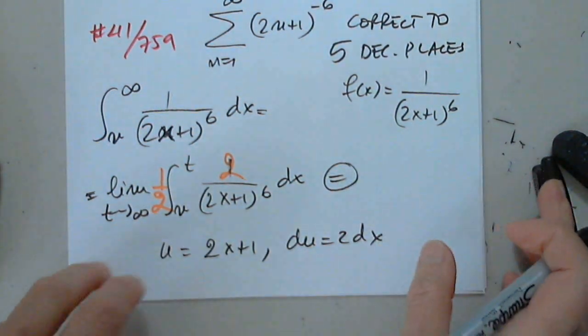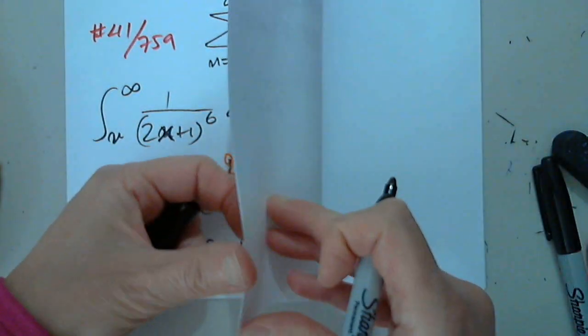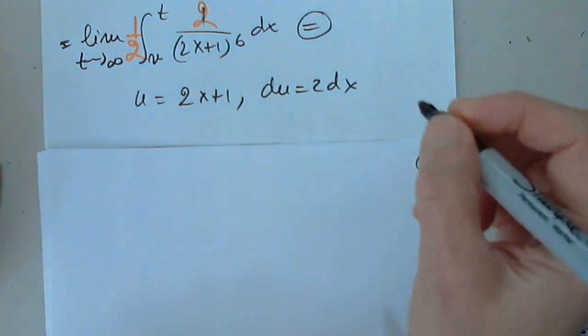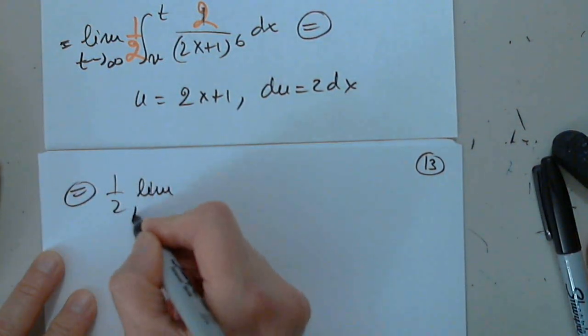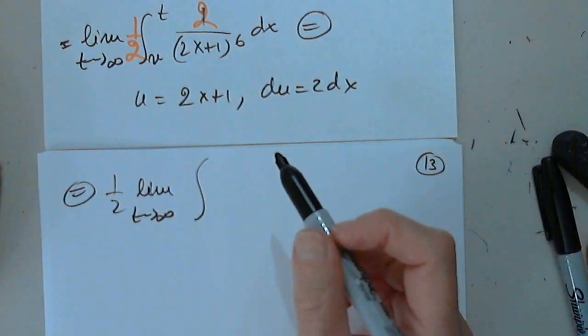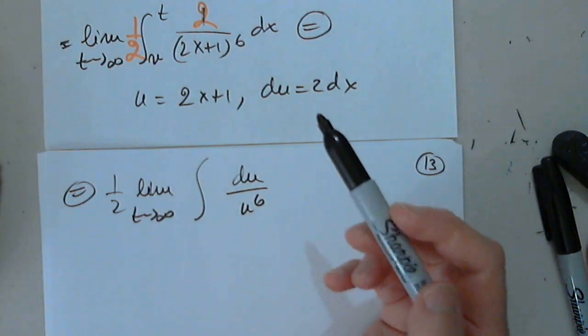And from here, I'm going to jump over this to page 13. So we have 1/2, limit as t approaches infinity, of the integral from 2n plus 1 to 2t plus 1 of du over u to the 6th.